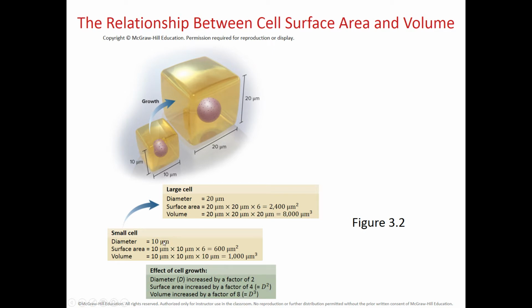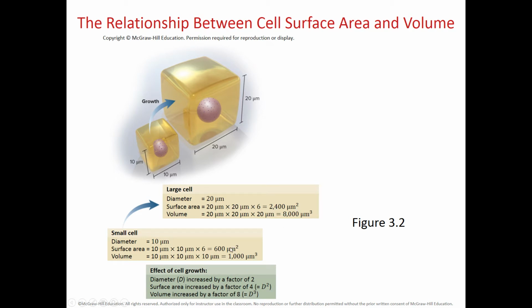The diameter is 10. If you multiply it by the factor of 2, that will give you 20. For the surface area, you have to multiply it by a factor of 4, so 600 times 4 will be 2400.